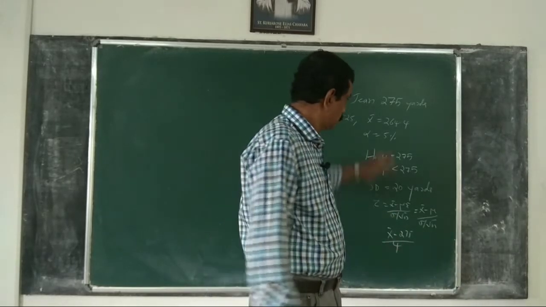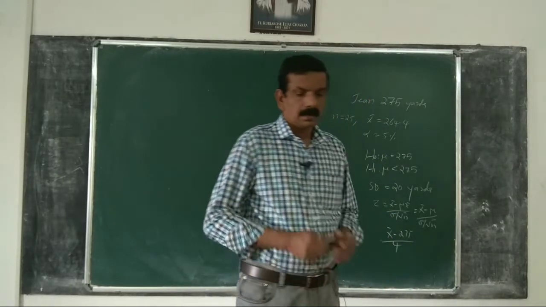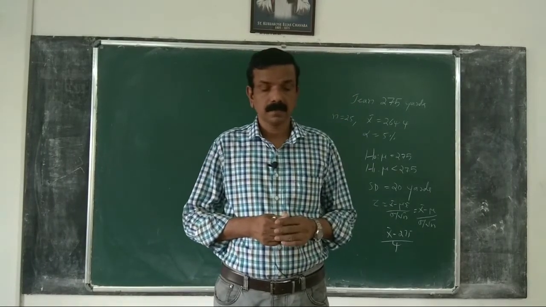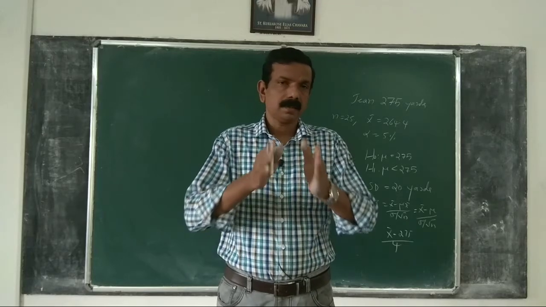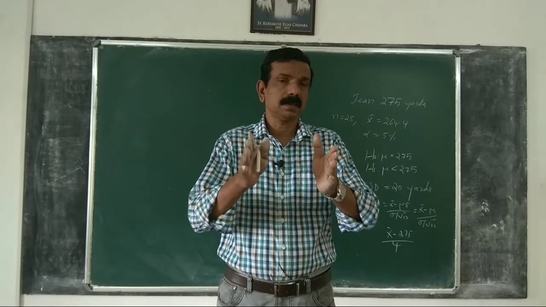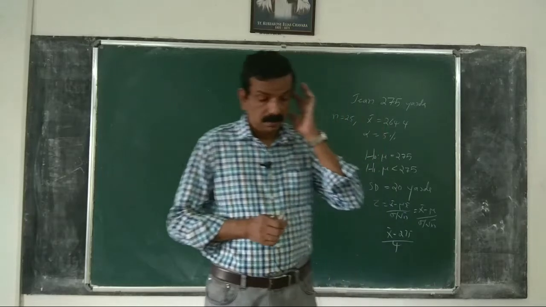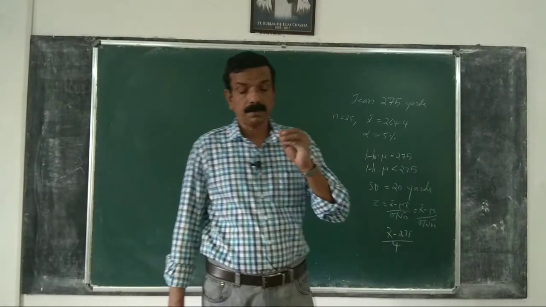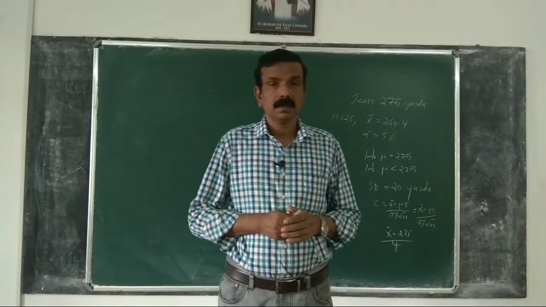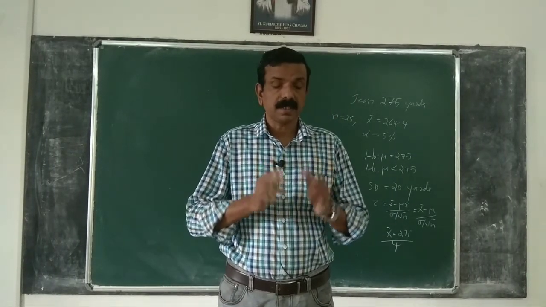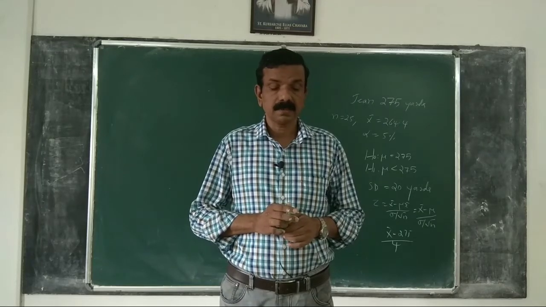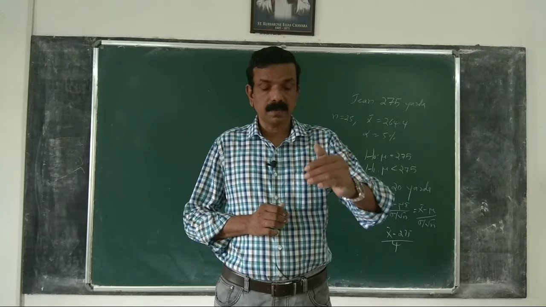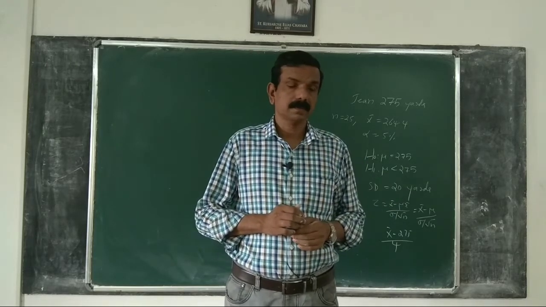Now, the hypothesis test is left-tailed. And as the hypothesis test is left-tailed, we compute the probability of observing a value of the test statistic Z that is as small as or smaller than the value actually observed.